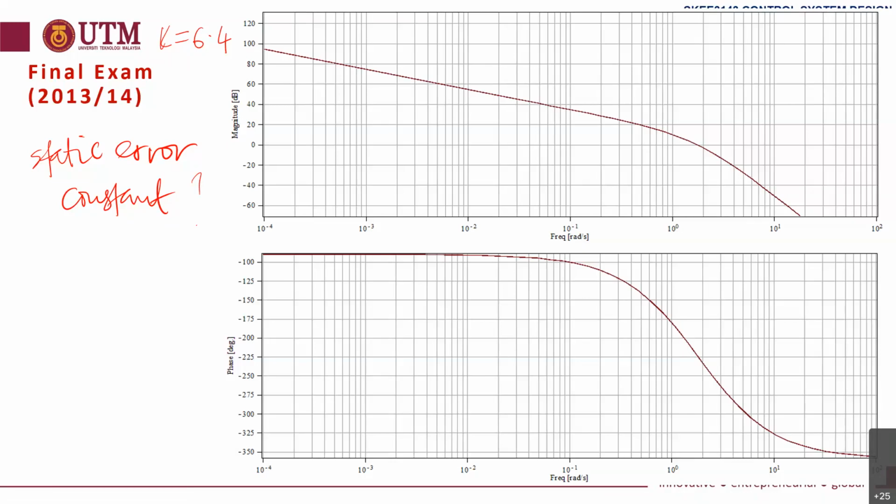We can obtain the error constant by making a straight line from here until 0 dB. The one that crosses 0 dB is Kv.